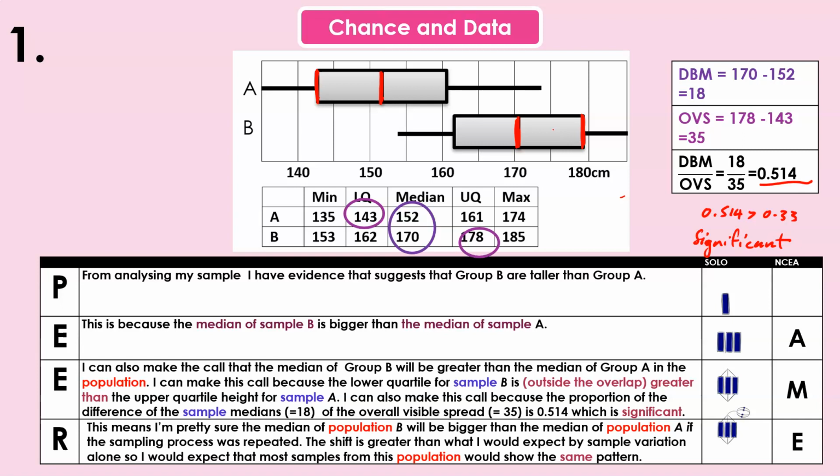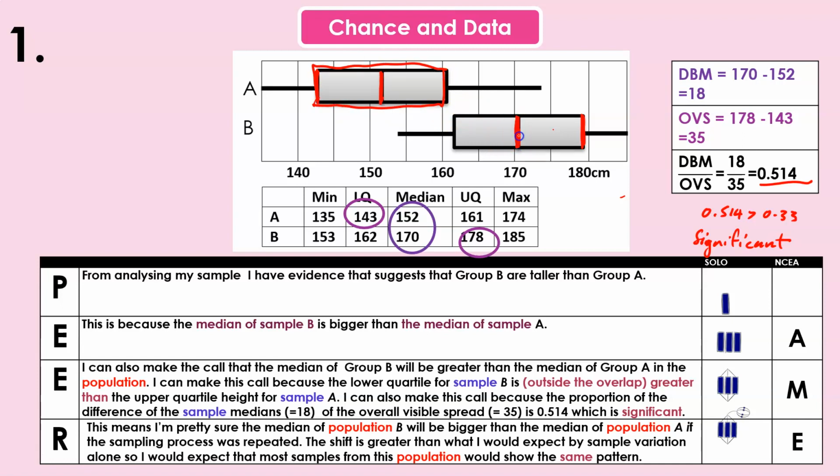Notice how I refer to the sample rather than the actual population. I can also make the call that the median of group B will be greater than the median of group A in the population. I can make this call because the lower quartile for sample B is outside the overlap of the box.